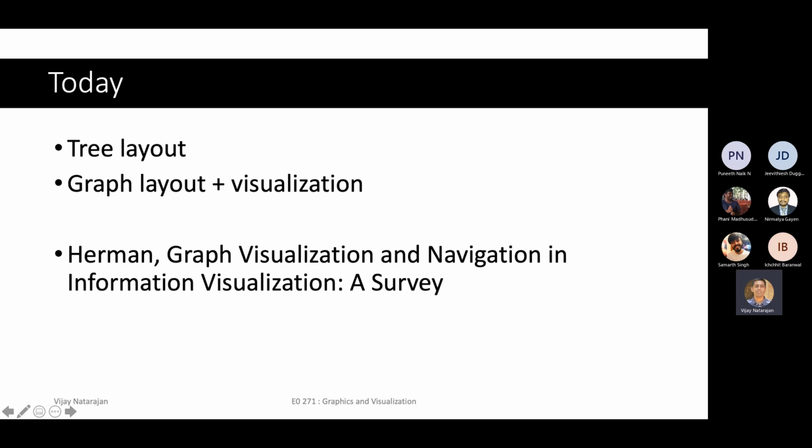What I'm going to cover today is primarily from a survey that came out some time ago by Herman et al. on graph visualization. The techniques that I'm going to discuss today are already popular and have been used.